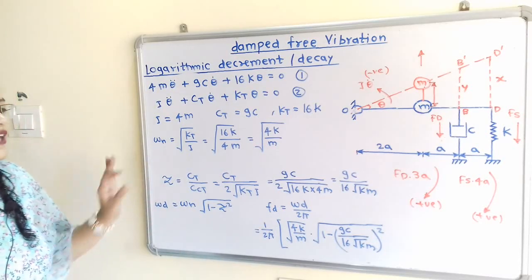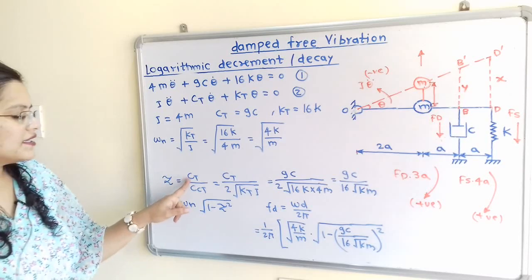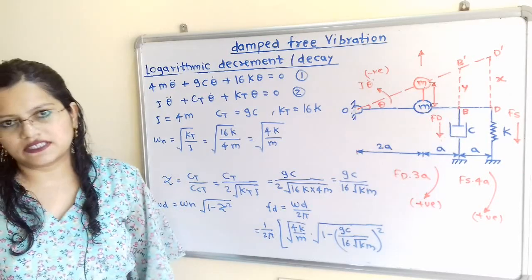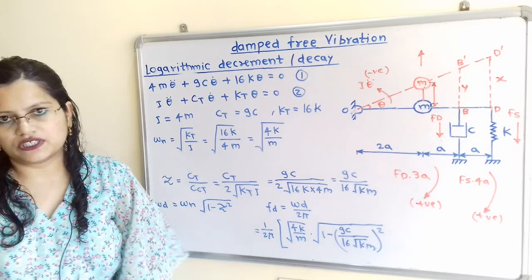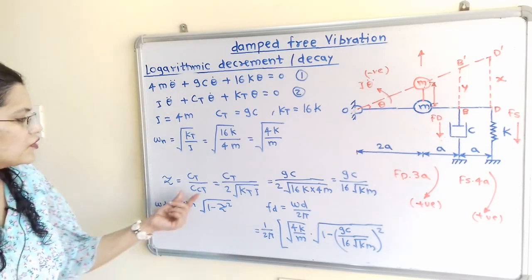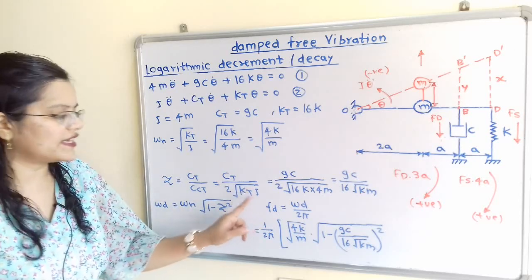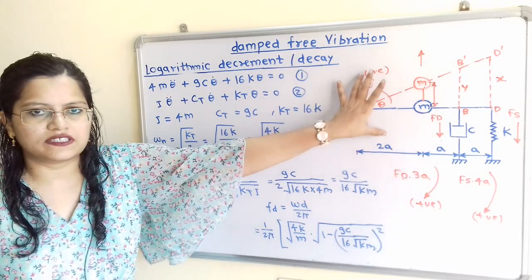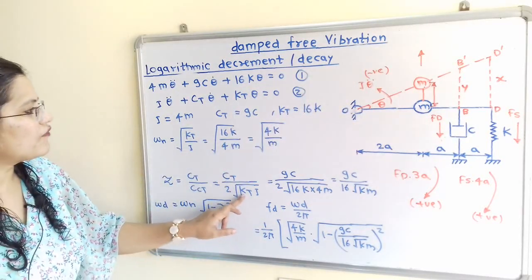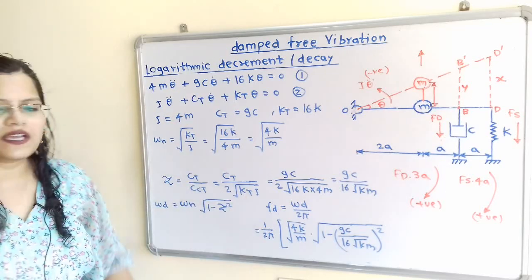Then we will find the damping factor zeta. Zeta is Ct divided by Cct, where Cct is the critical damping coefficient for the torsional system. Cct is not directly known for this system, but the values of kt, that is 16k, and I, that is 4m, are known.